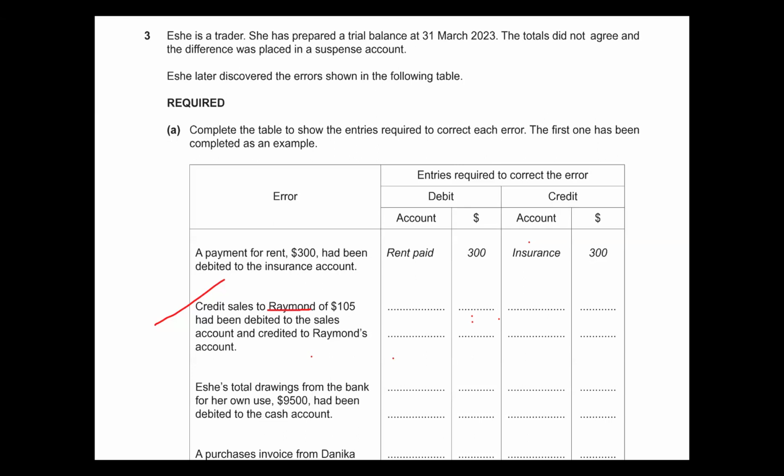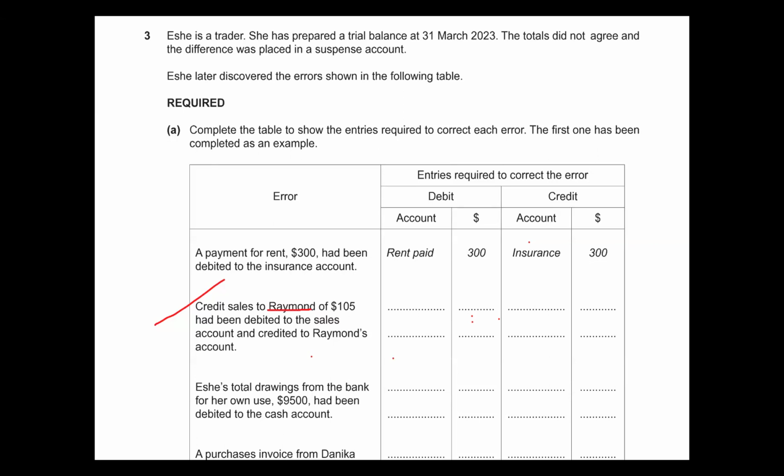So what would be the correct entries? Anybody? I'm explaining that we sold to Raymond. Raymond received. For Raymond to receive, it means that it should have been debited. But we debited the sales account, and instead of debiting Raymond, we credited Raymond's account.